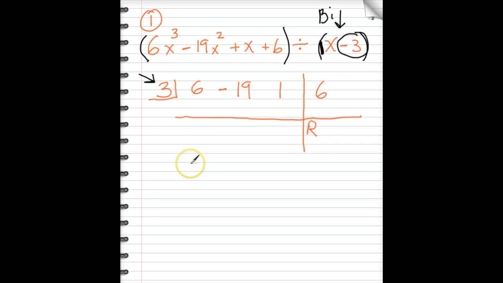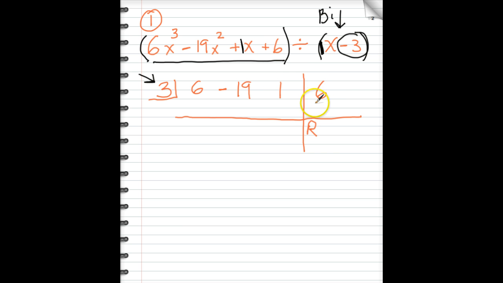Now the dividend, this big polynomial here, synthetic division is a shortcut. You need only write down the coefficients in order from highest power descending to lowest power. So we have a 6, boom, -19, boom. This x here has a coefficient of 1 right here, and the constant is 6.